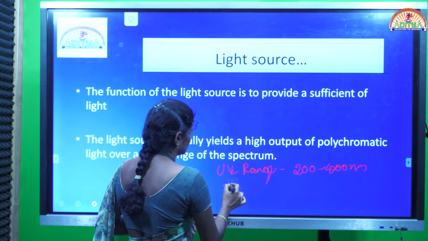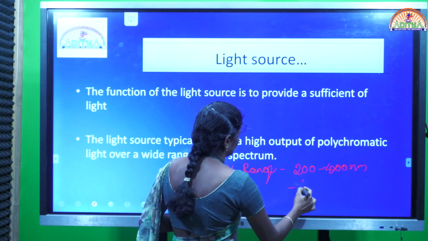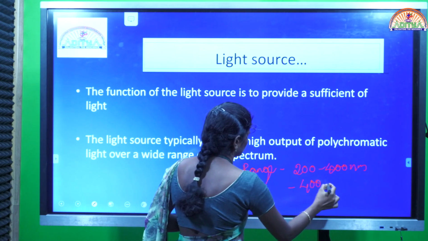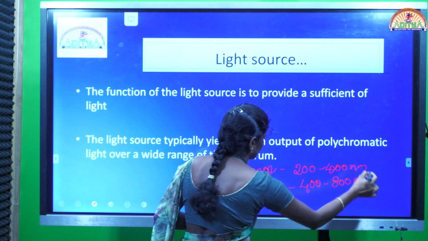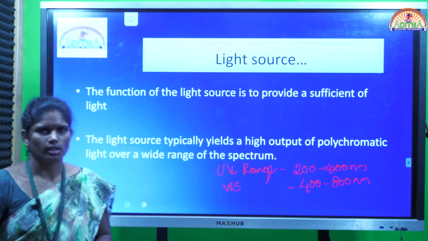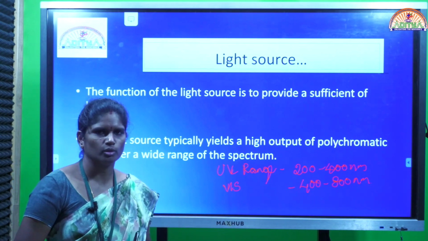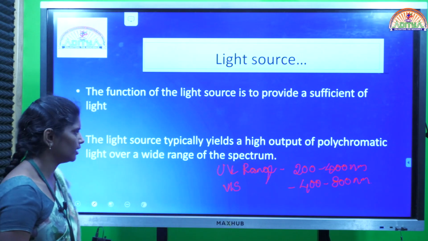And if we are choosing a light source to produce visible radiation, then it should be able to emit radiation containing wavelengths from 400 to 800 nanometers. So the light source should be able to produce the entire wavelengths of the selected range of radiation.